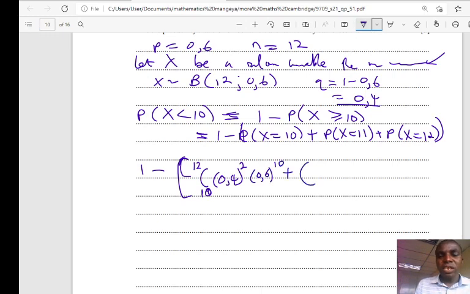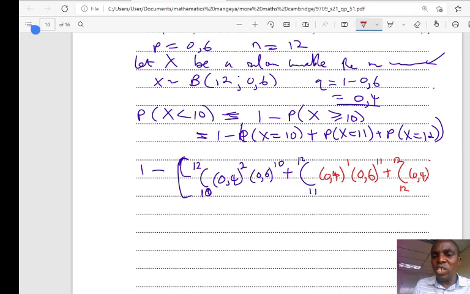Plus X equals 11 is 12 choose 11, then 0.4 to the power 12 minus 11, which is 1, times 0.6 to the power 11. Then plus 12 choose 12, the probability of X equals 12, then 0.4, that's your q, to the power 12 minus 12, which is 0, times 0.6 to the power 12.